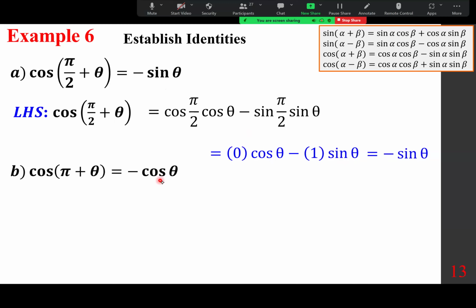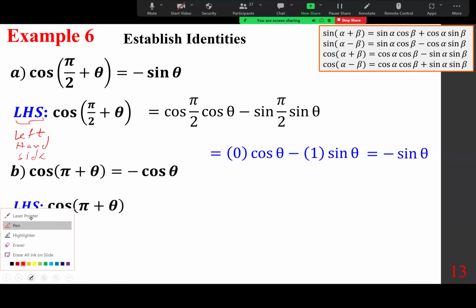Cosine of pi plus theta is minus cosine theta. Again, we start with the left-hand side. LHS, again, I think I want to remind you when I write this, means left-hand side versus RHS, okay? So left-hand side.